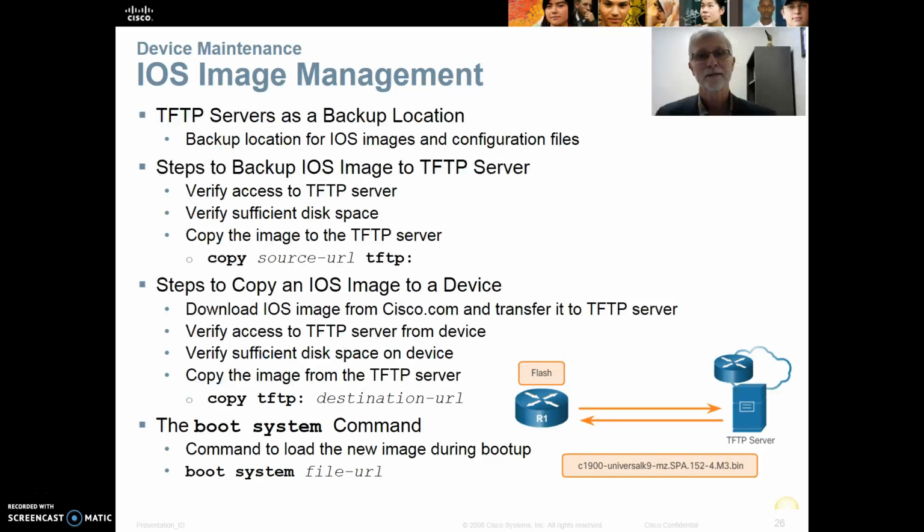So if you're going to back up IOS to the TFTP server, you've got to access it, make sure there's enough space on your TFTP server, and then copy with the copy URL. It's not very complicated, but just know that when you do copy that, you're going to be asked for a space.